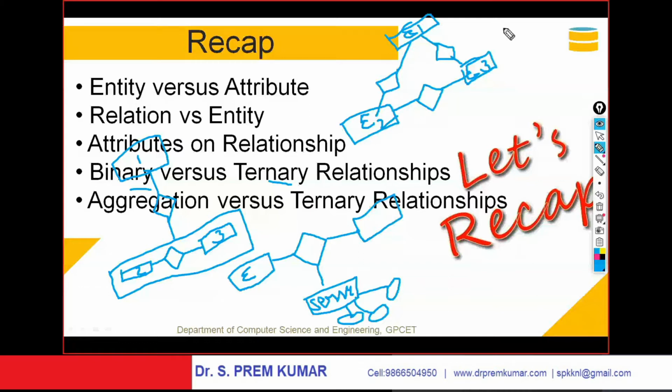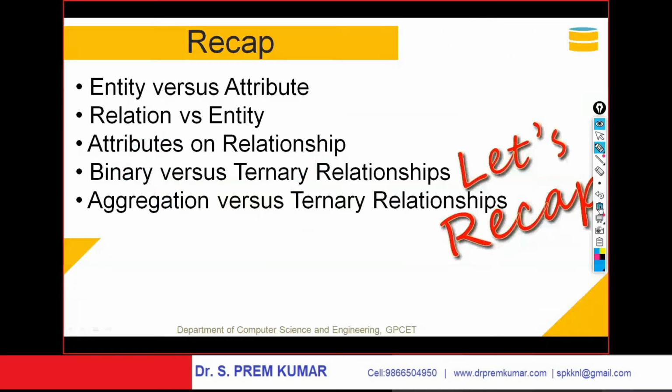Instead of going this way with more relations, better you do this aggregation. Entity 1 got related to both, and hence what I have done is I clubbed second and third together, and 1 got related to this. This is called aggregation. This is all about our previous classes, a recap of the previous classes.